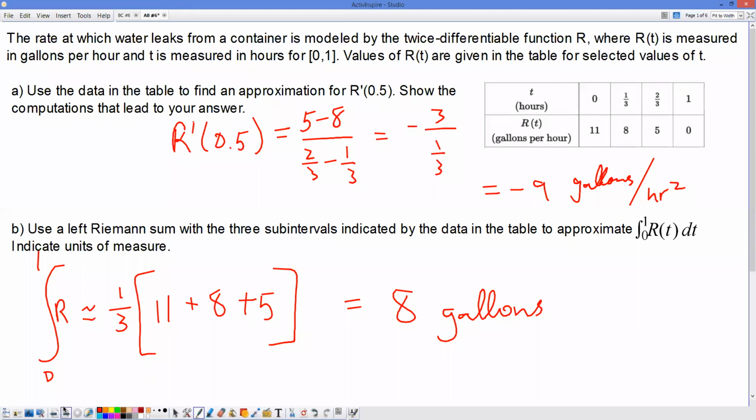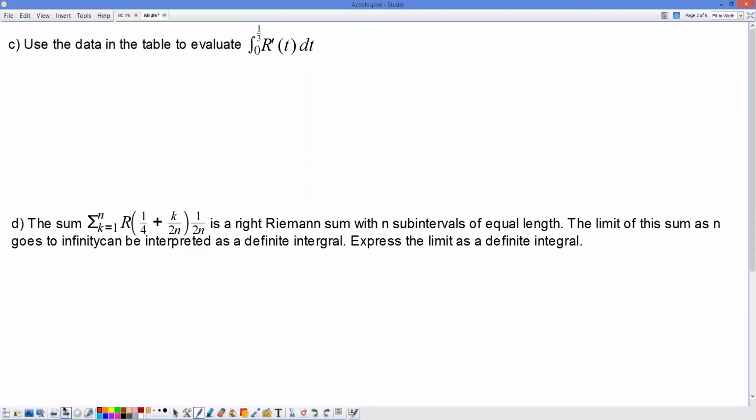All right, let's look at part C. So part C says use the data in the table to evaluate the integral from 0 to 1/3 of R prime. So the integral from 0 to 1/3 of R prime should just be capital R, which is the integral of R prime, evaluated from 0 to 1/3.